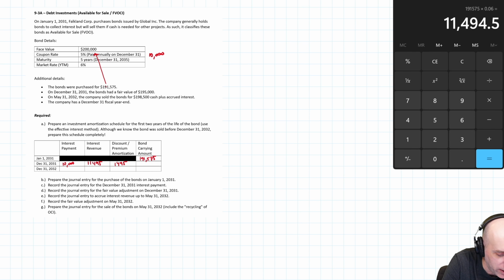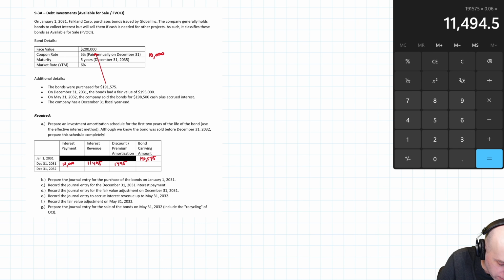I loan them, I give up $191,000 to get $200,000 in 5 years. Well, that extra $8,000 is interest, and we recognize it sort of over time. So here I got $10,000 payment, but I'm recognizing $11,000 in interest because of that extra amount.